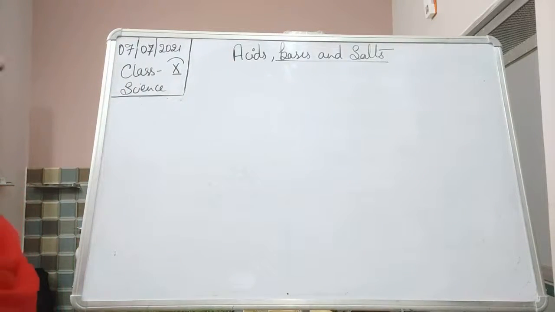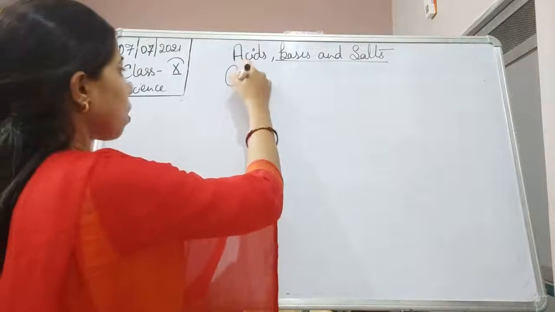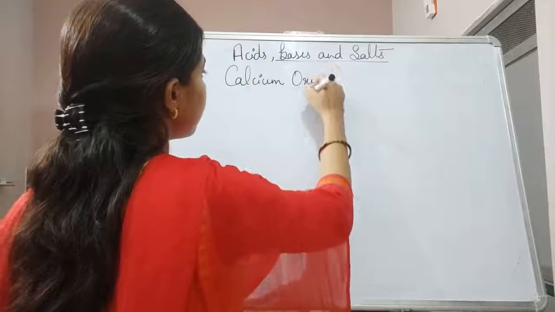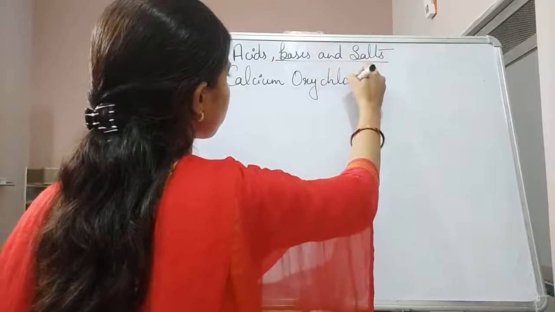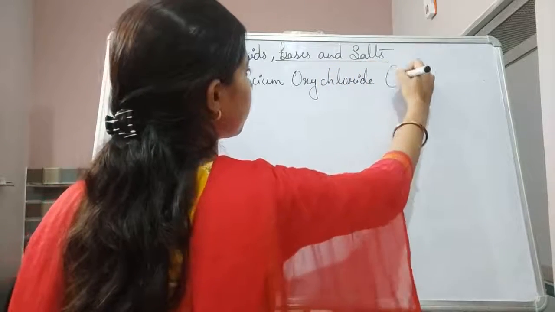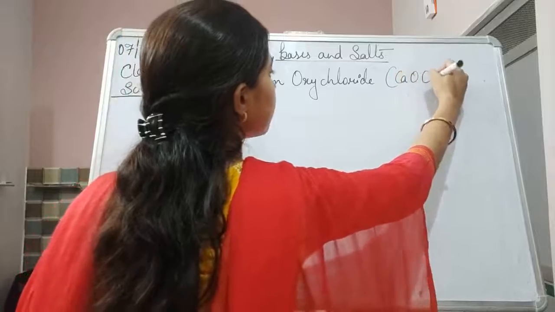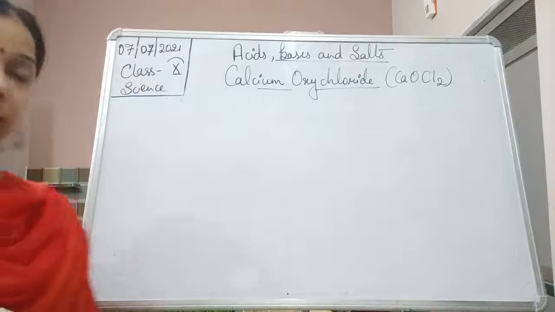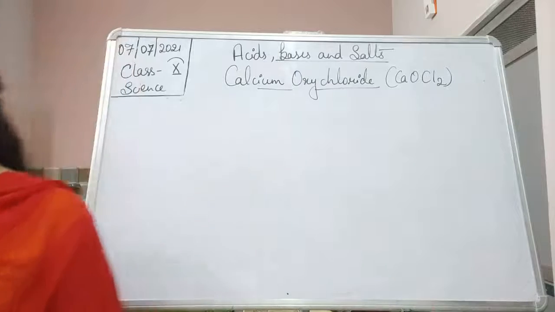Calcium oxychloride, CaOCl2. Let us write some points about the calcium oxychloride.